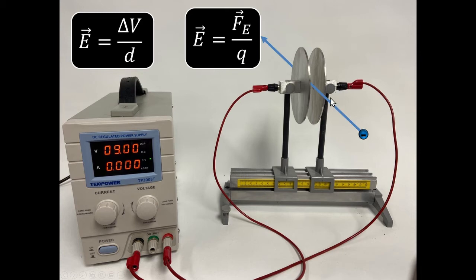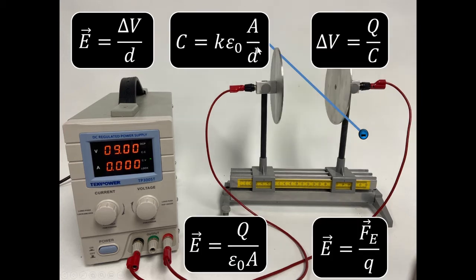But I can calculate the strength of the electric field by just knowing that it was 9 volts, and then I would have to measure the separation between those two things. Okay, so voltage divided by separation would be electric field, and electric field multiplied by the charge of a single electron in this case, would give us the force on that electron.